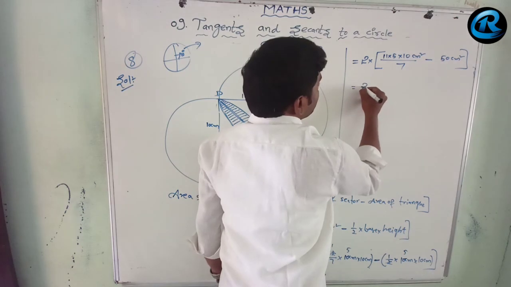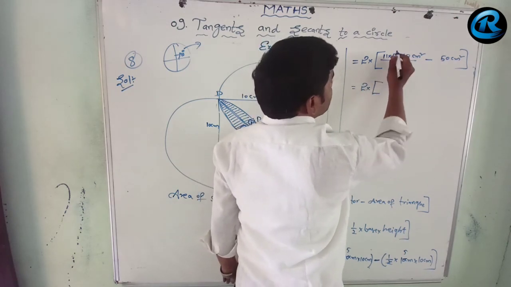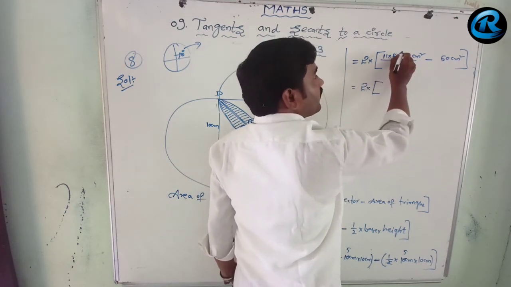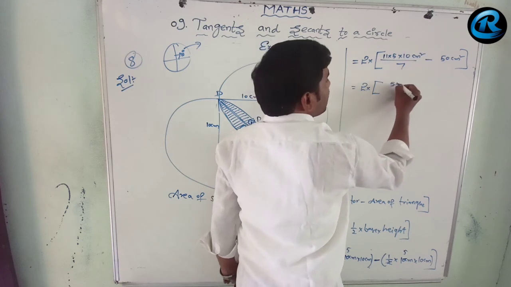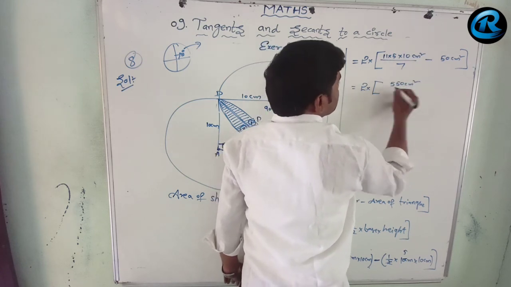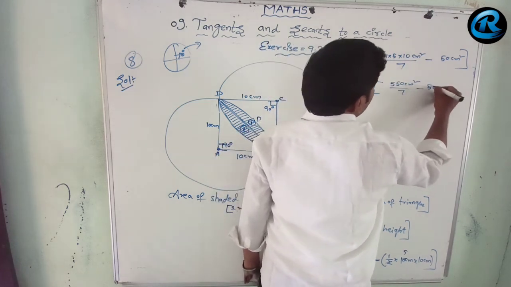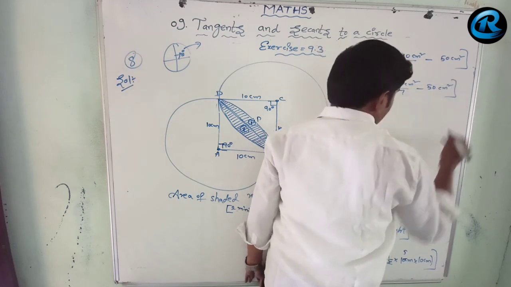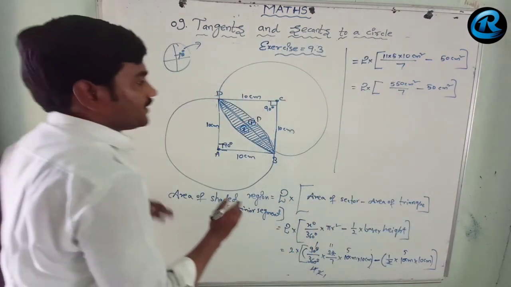So here you will get 2 into 11 into 5 is 55, into 10 is 550 centimeter squared by 7, minus 50 centimeter squared.